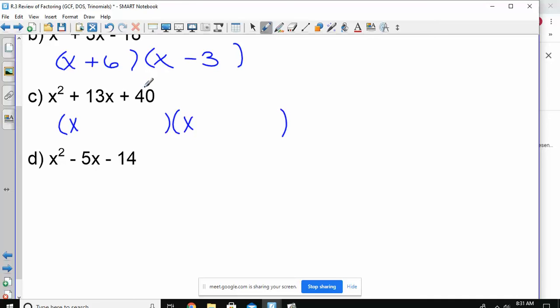So multiply to a positive 40 and add to a positive 13. That would be 8 and 5. How do you check yourself on a factoring problem? Multiply it back out and see if you get what you started with.